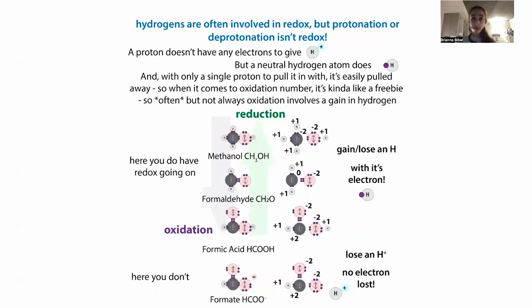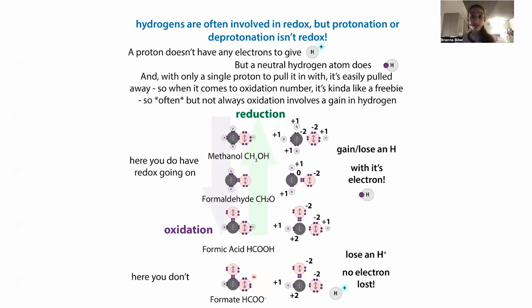So it's important to remember that when we have these deprotonation reactions, these are not redox reactions, because a proton doesn't have any electrons to give. By definition, a proton is just a proton, this H plus, because the hydrogen has one proton to begin with. In its neutral form, it has a proton and an electron.